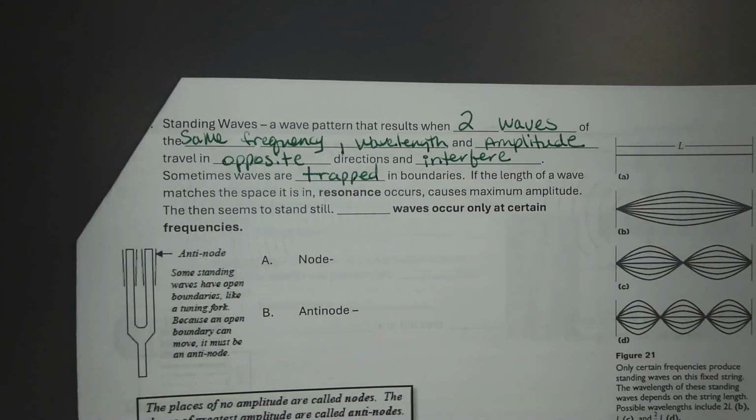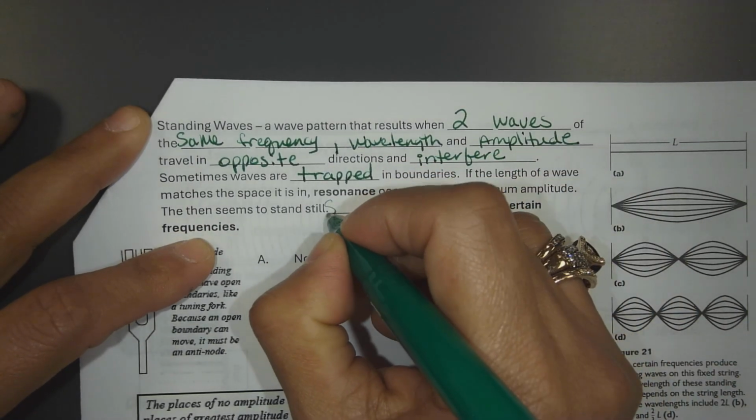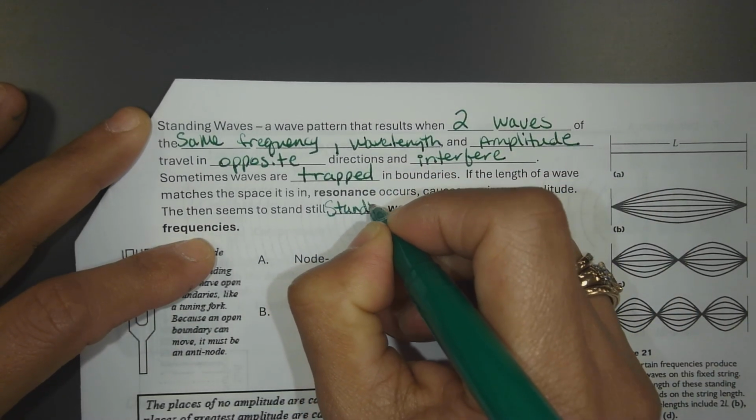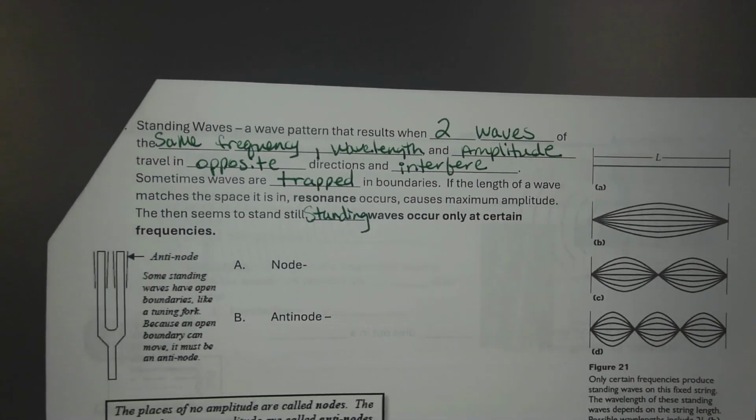Oh my gosh, Miss Munson, that's a lot of ands. I hear you. In that situation, they collide with each other, and when they collide, they form a standing wave. Let me give you an example of a standing wave.